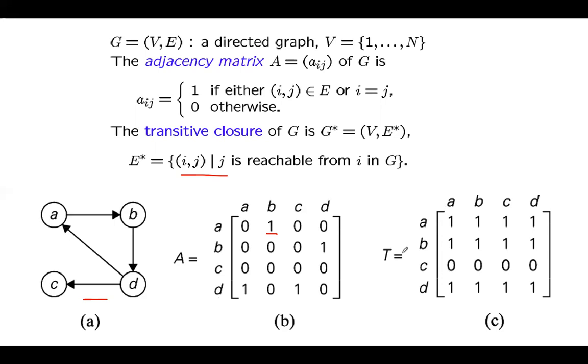The transitive closure matrix gives us the information about, if I am in vertex A, and there are 4 or 5 vertices in my graph, whether I can reach all the vertices from A or not. That information is given in the transitive closure matrix.